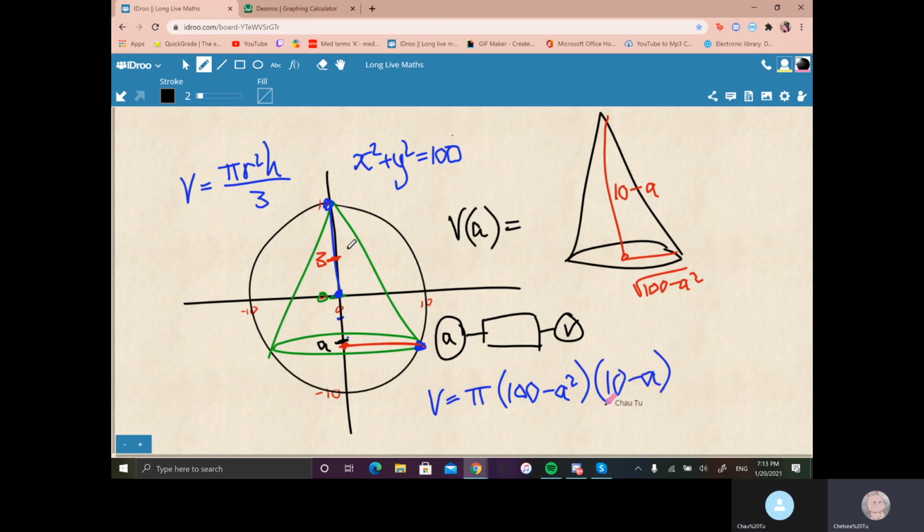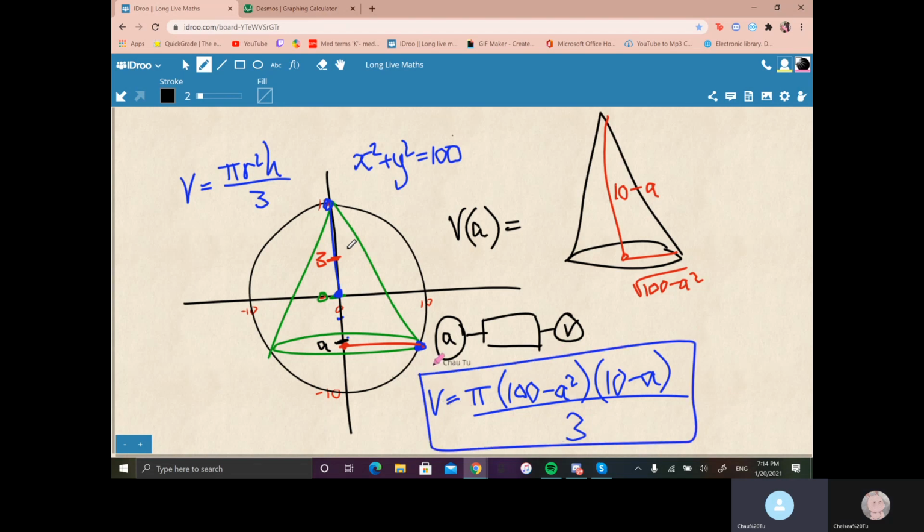It's always a third of a cylinder, Chelsea, so divided by 3. So that's the formula for the volume for any given A.